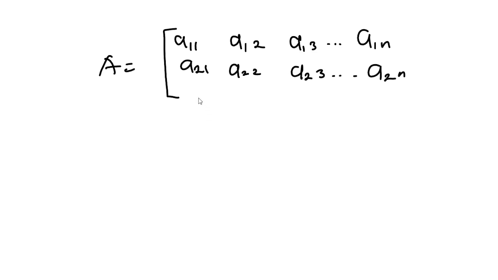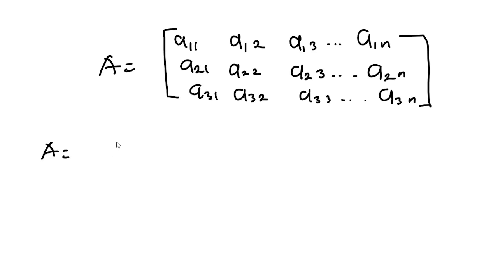We can have A31, A32, A33, up to A3n. So basically, the general form of a matrix is in this form. Now, what does it mean? Here, the matrix is denoted by A equals a_ij, m by n, and this talks about the dimension. Or simply, you can write it as A equals a_ij.